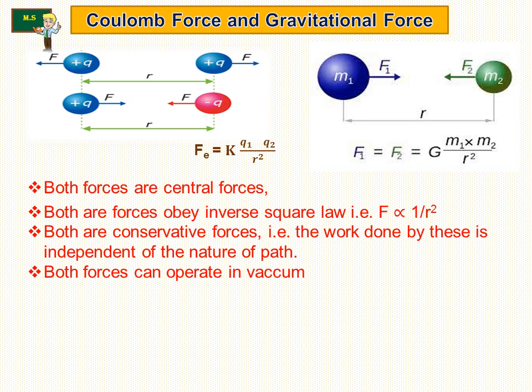That means F is proportional to 1 by R square, or here you can see Fe is equal to Q1 Q2 divided by R square, and F is proportional to M1 M2 divided by R square. Here R indicates the distance between these two charges or these two masses.